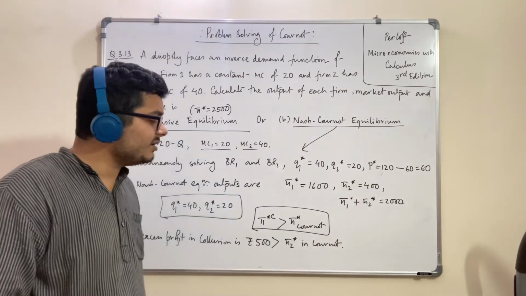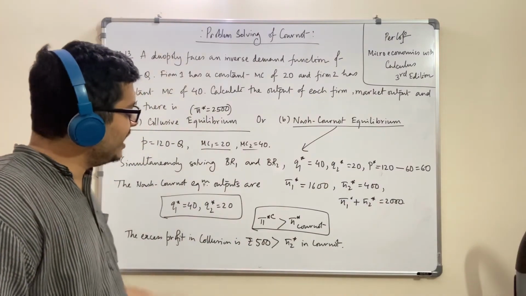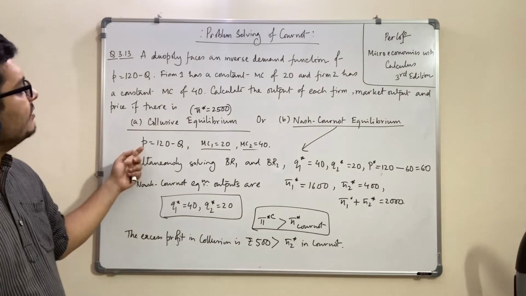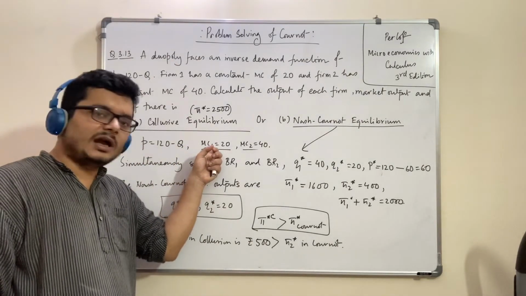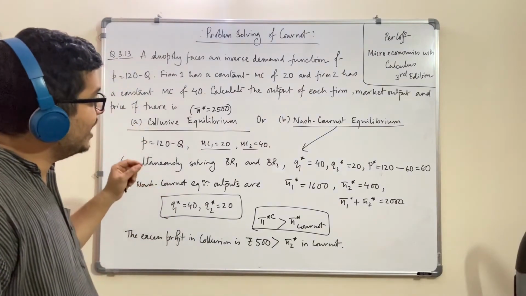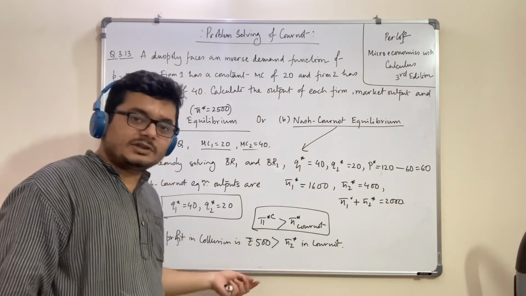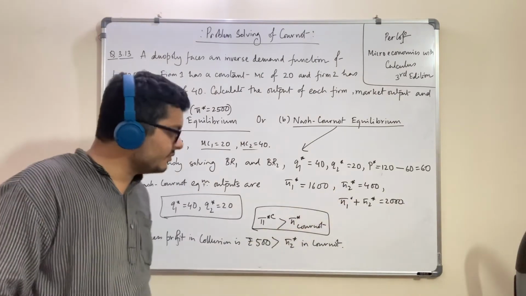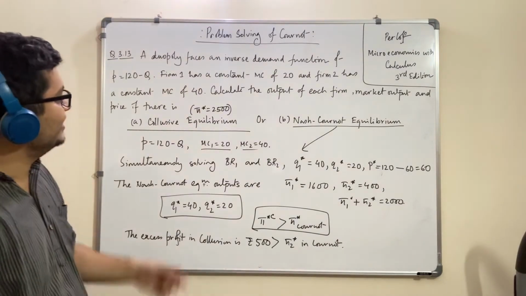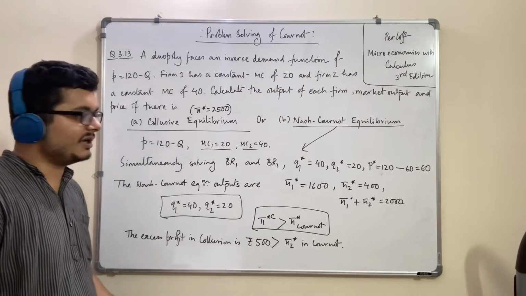So 401 or any epsilon more than 400, anything more than 400, and make an agreement that in collusion, firm 1 will produce in the plant 1 only at the monopoly level of output, and it will give a profit share of something more than 400 to firm 2. So if firm 1 makes such an offer, then this collusion can happily work. Okay? Thank you.